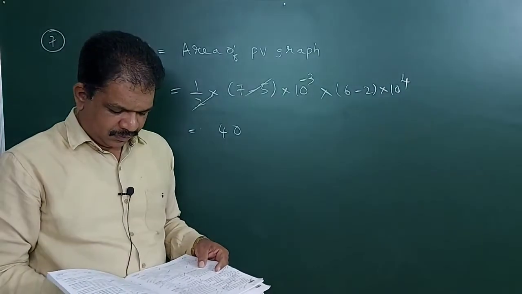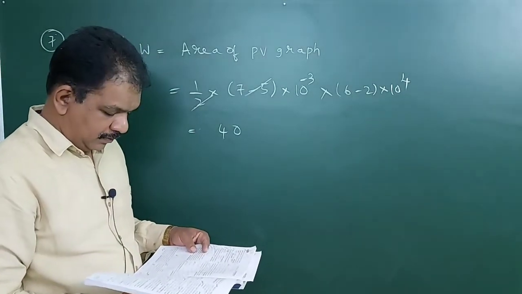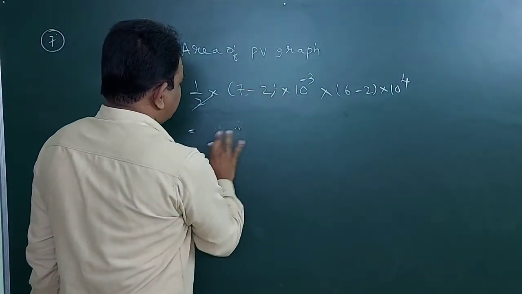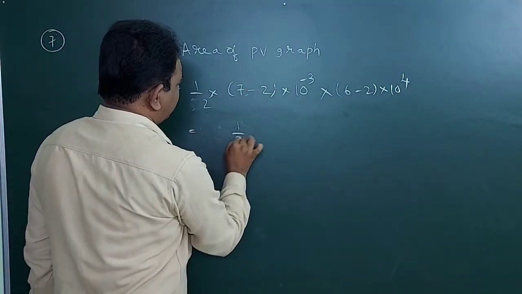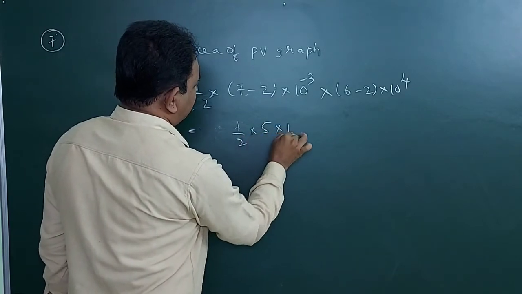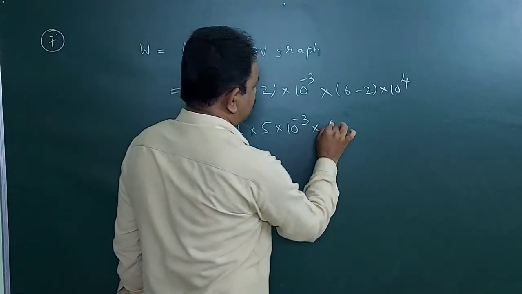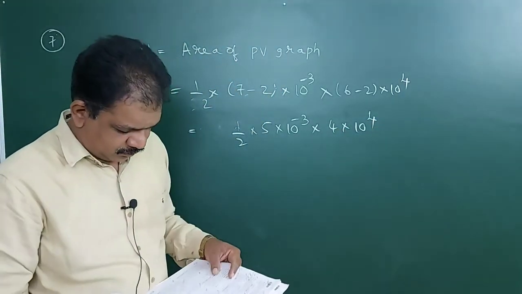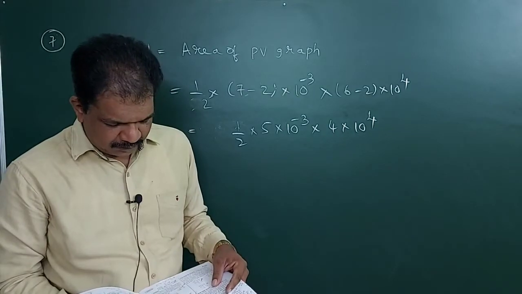No, wait. This is 5. 7 minus 2, this is 5. So this is 1 by 2 into 5 into 10 power minus 3, into 4 into 10 power 4 or 5, that is 4 into 10 power 5.